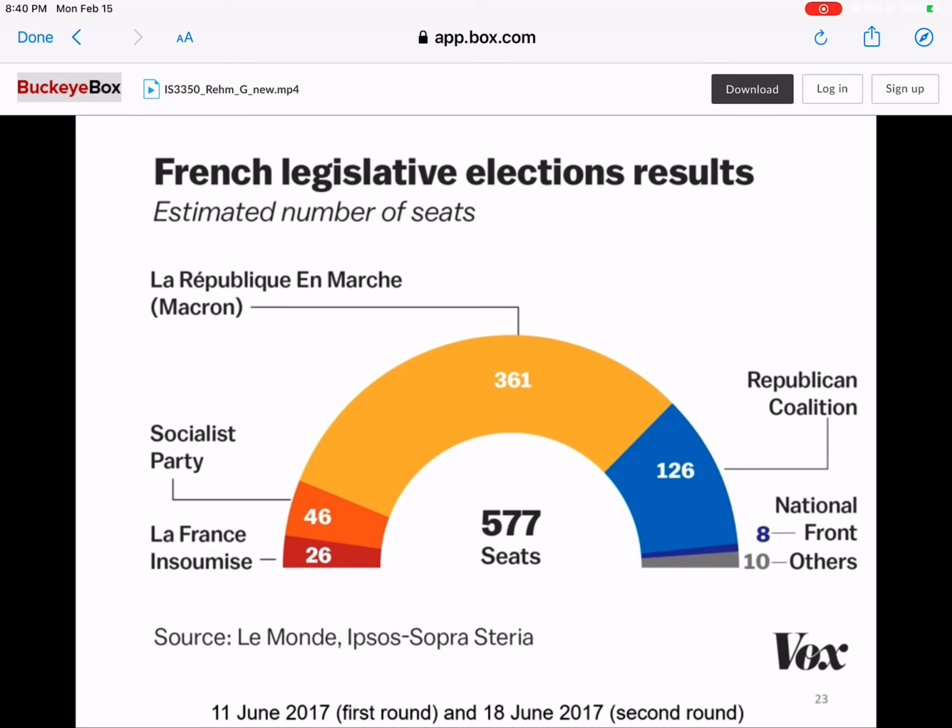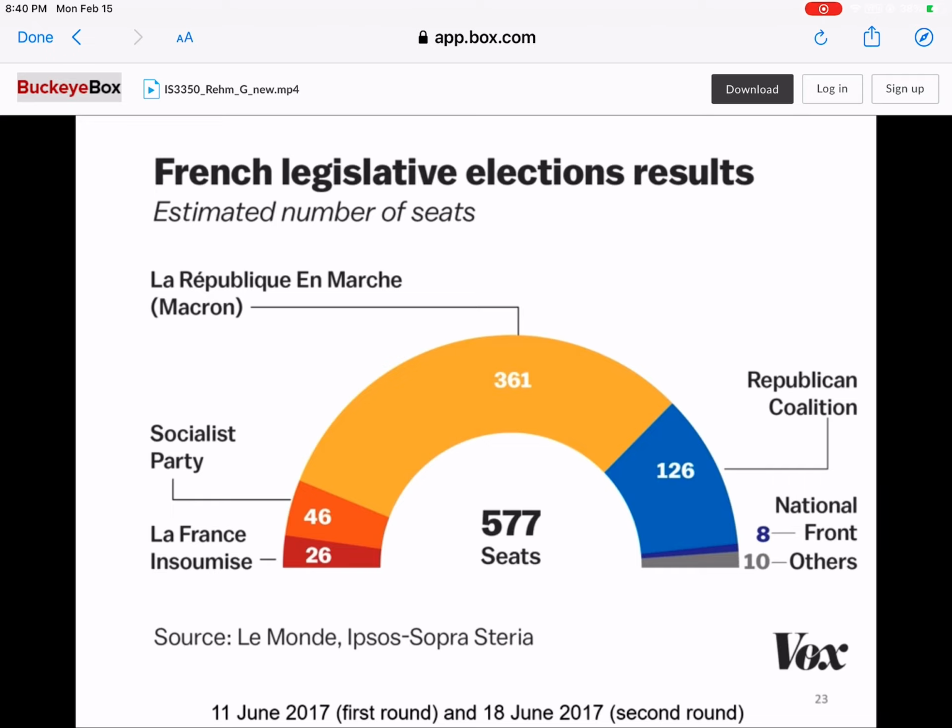For a while now, the French constitution has it that there will be parliamentary elections for the legislative body after the French election for the president. So on June 11 and 18, in a two-round system, the French National Assembly, the French Parliament, one chamber of it, had its election. And here are the results.